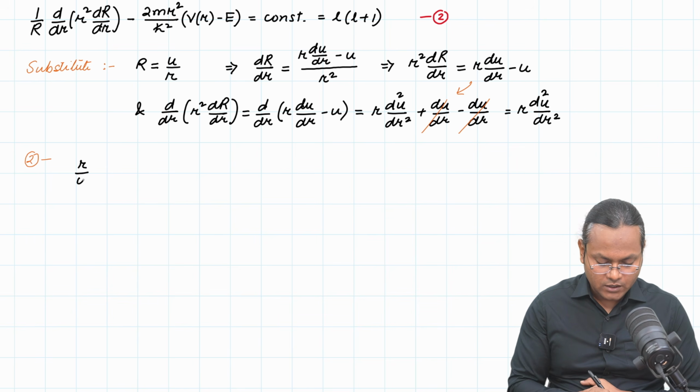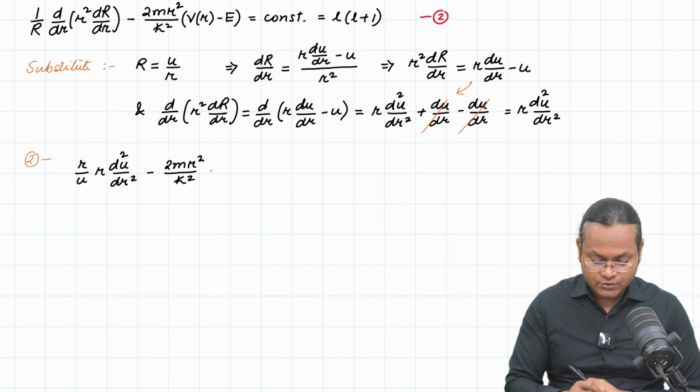1 upon r is r upon u, and d by dr of r square dR upon dr is r d2u upon dr2 minus 2m r square upon h cross square. This is now the potential, which is a function of r, which can now be written as a function of u, because u is related to r, minus total energy equals L plus 1.